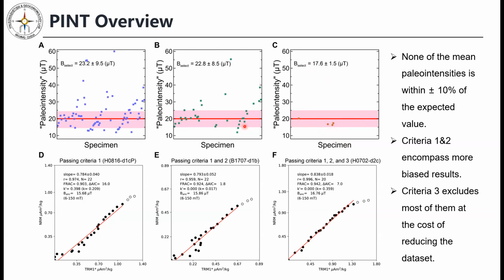So if you have a large data set or a large number of samples, I think maybe criterion 2 will work better, because it will get more data, and because the success rate of criterion 3 is quite low. If you have some very non-ideal samples, you may have no results. And this is the case for my NRM results of this Tarim basalt. So I just find some solutions.